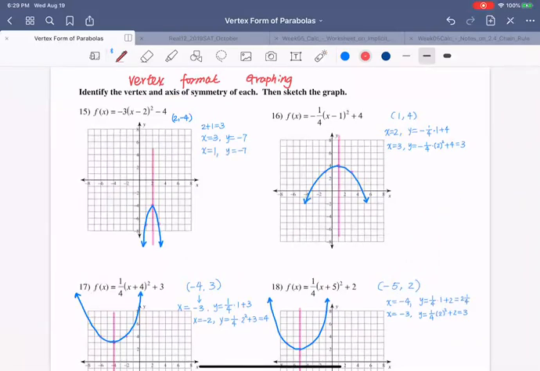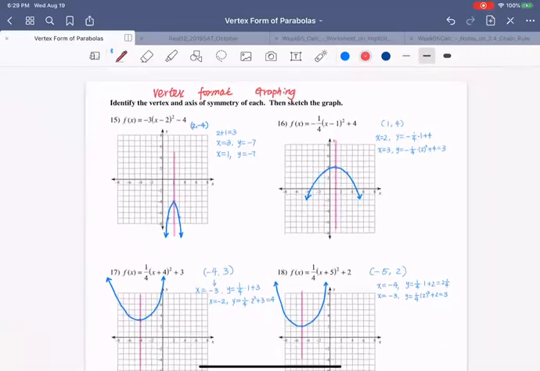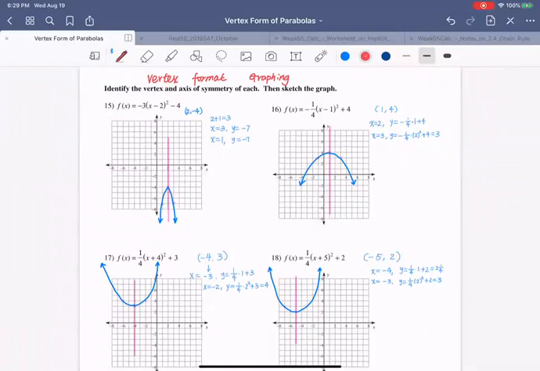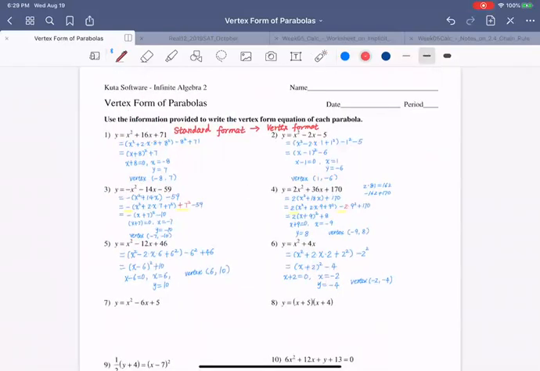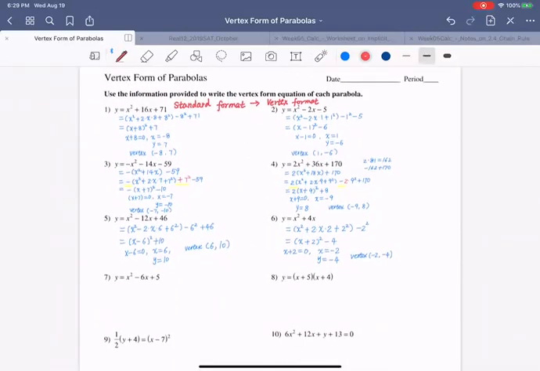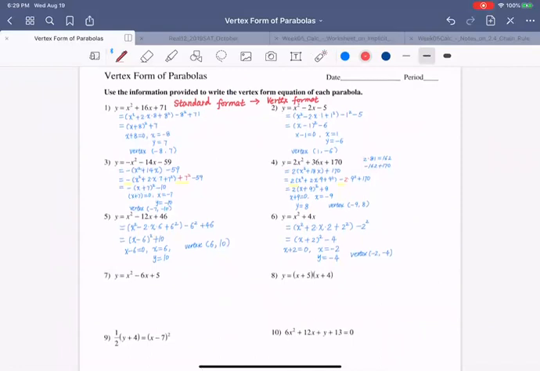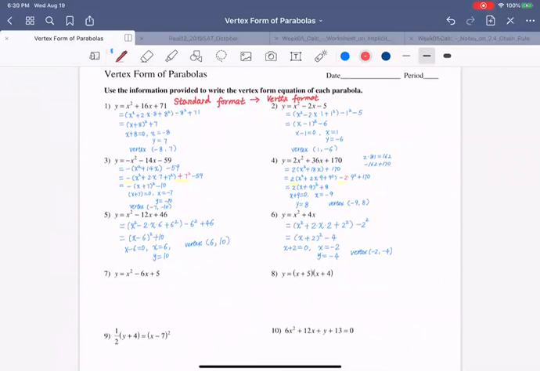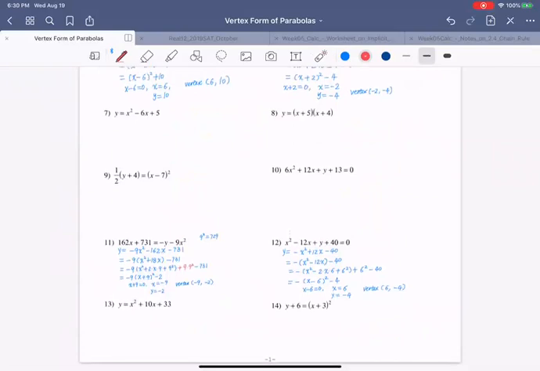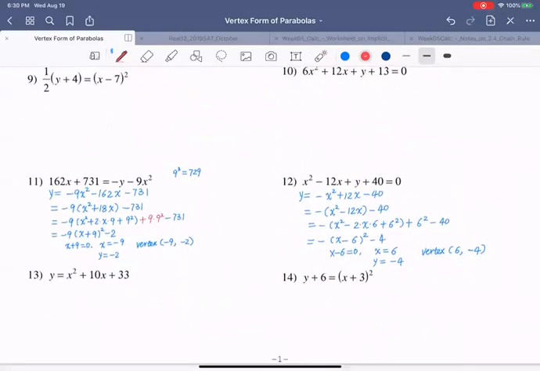The things I teach you over here are going to help you a lot for Algebra 1. Now, please also take a picture of this one. Do a screenshot of this one, and do a screenshot of this one.